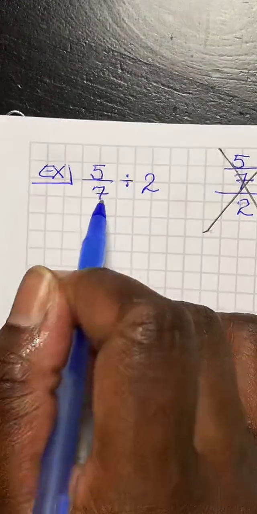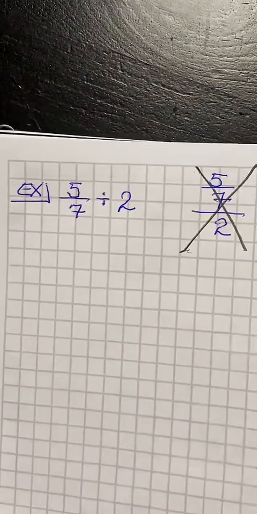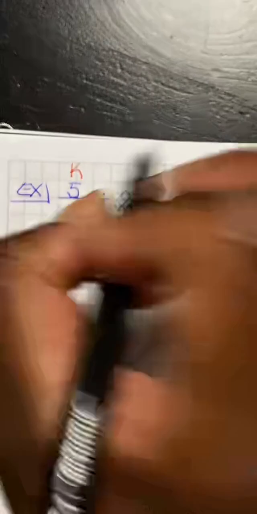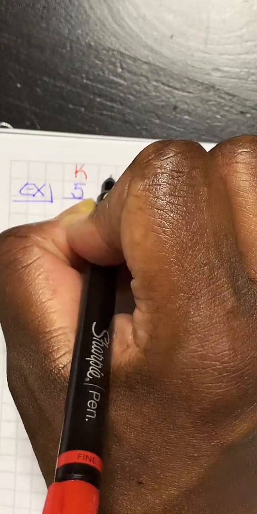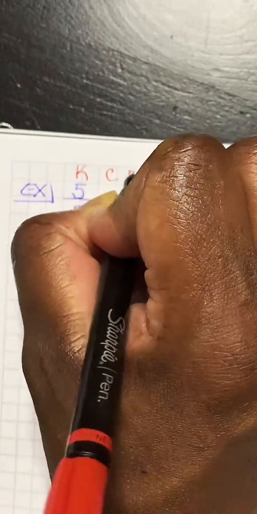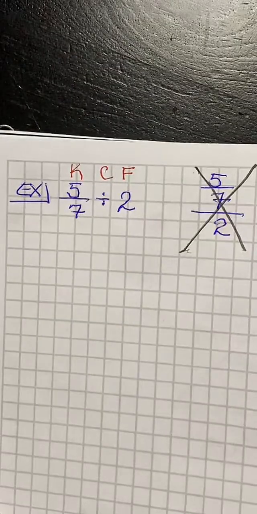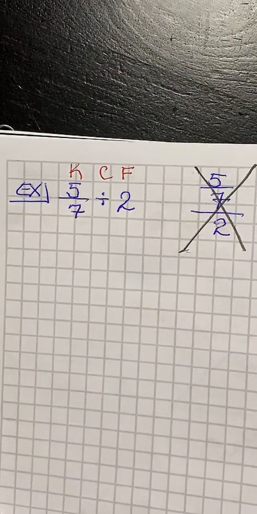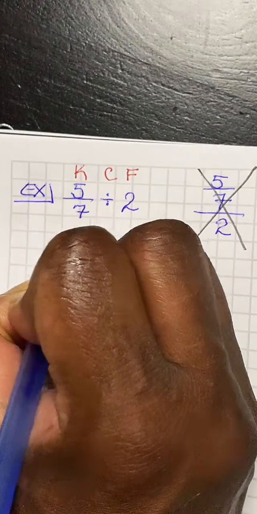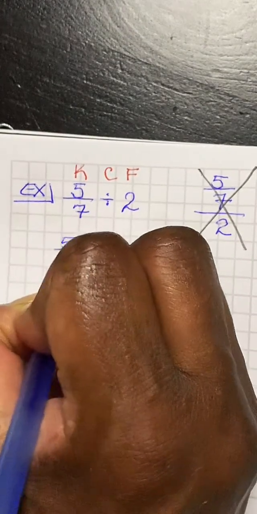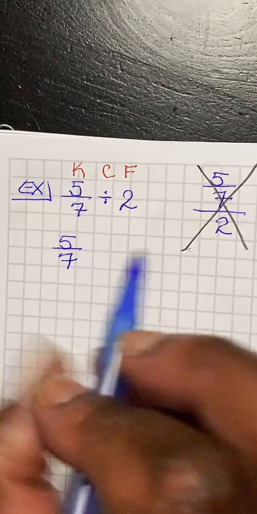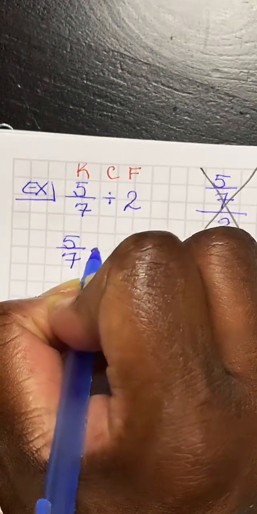All right, so you want to keep, and I like to keep it this way: keep, change, flip. So we're going to keep the 5/7. We're going to change that division to multiplication.